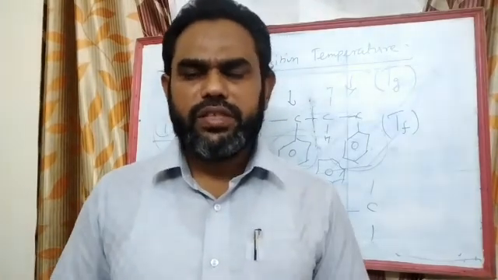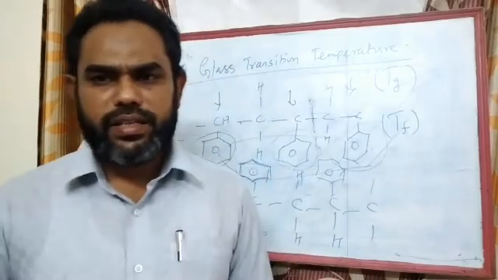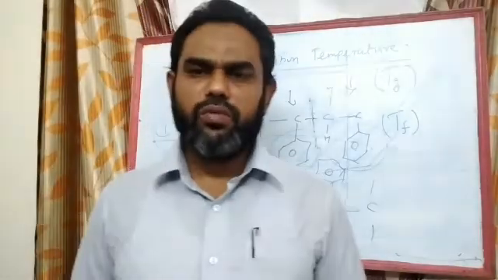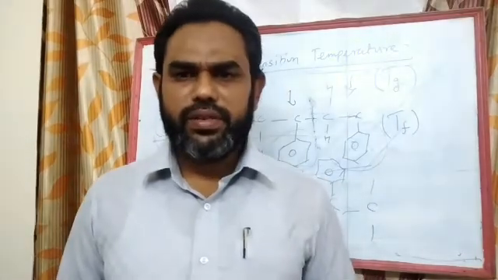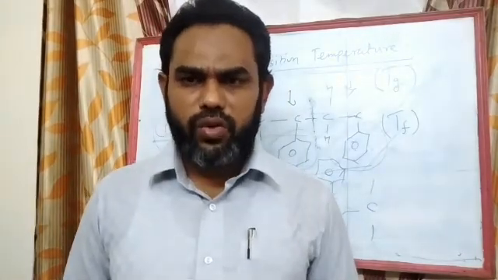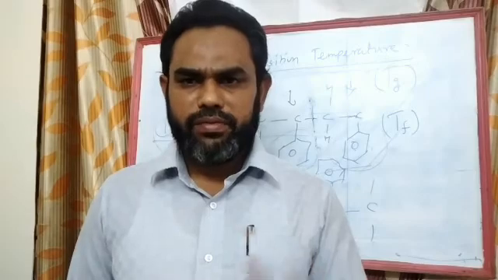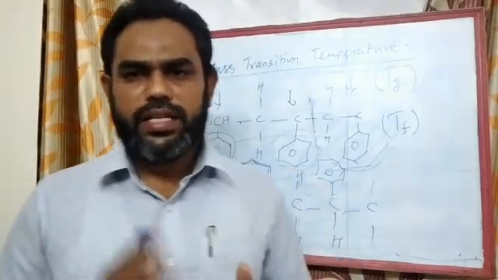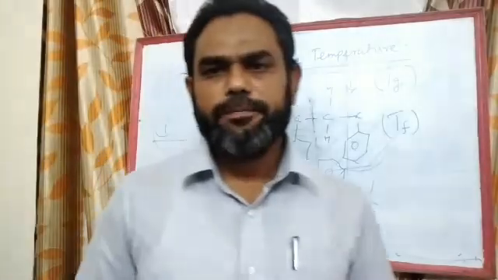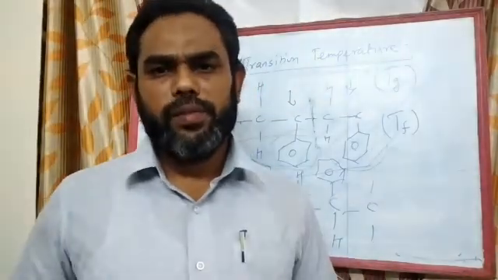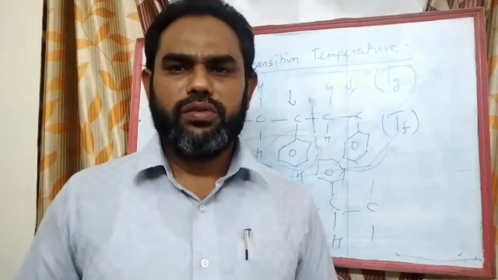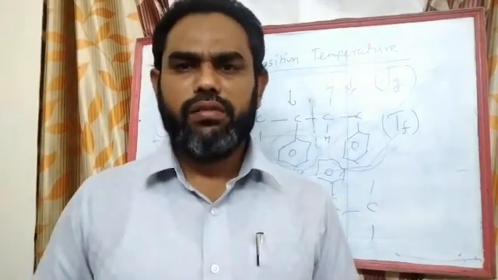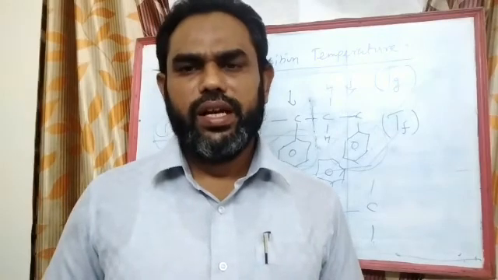The different factors which influence the glass transition temperature are molecular weight, nature of the monomer, the presence of functional groups, the presence of backbone, and the stereospecific nature of the polymers.